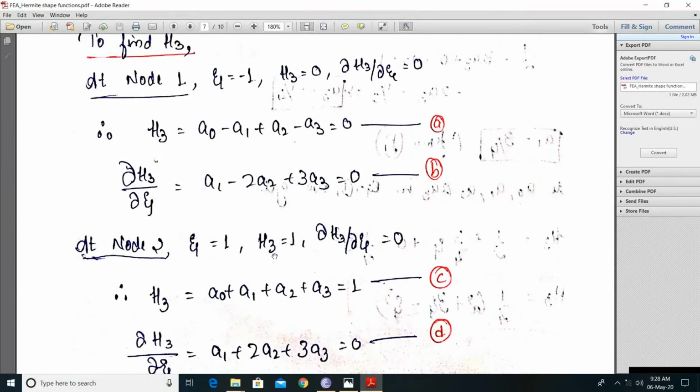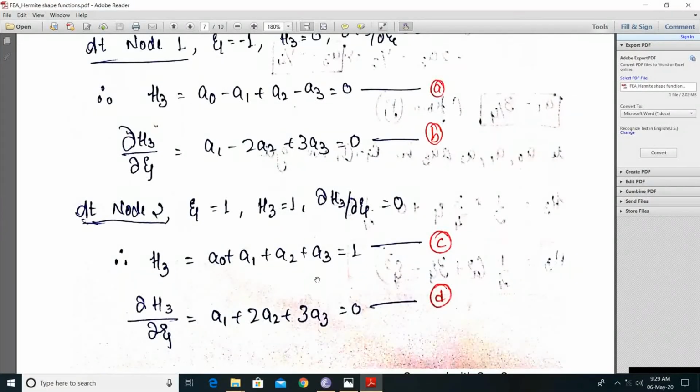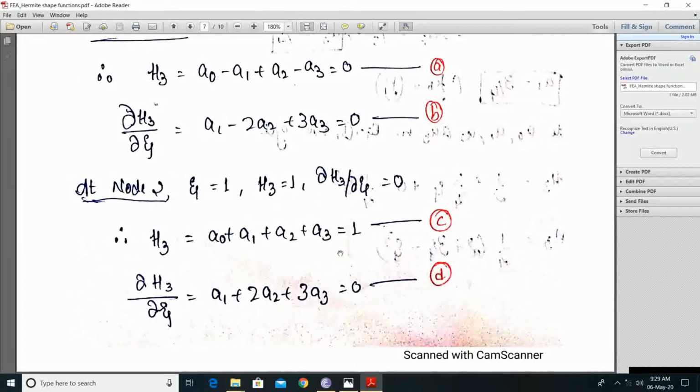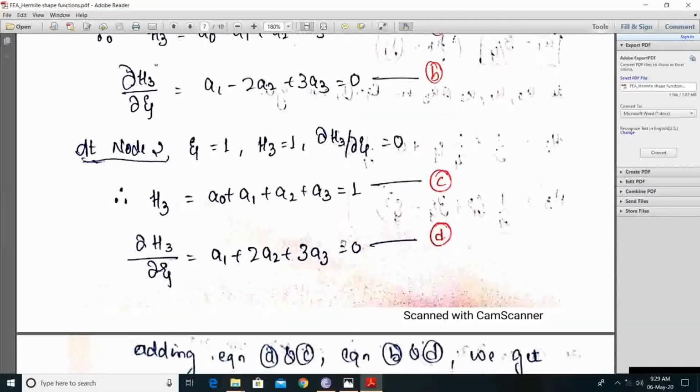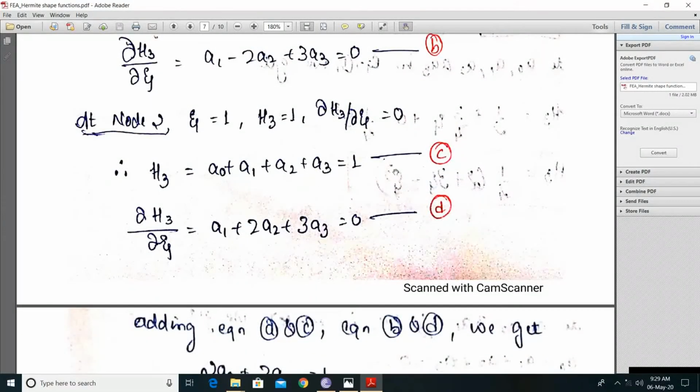You should go on applying all those boundary conditions which are given in the table there. You will be getting similar expressions, but the values will change. So you will get equations C and D when you substitute these boundary conditions.